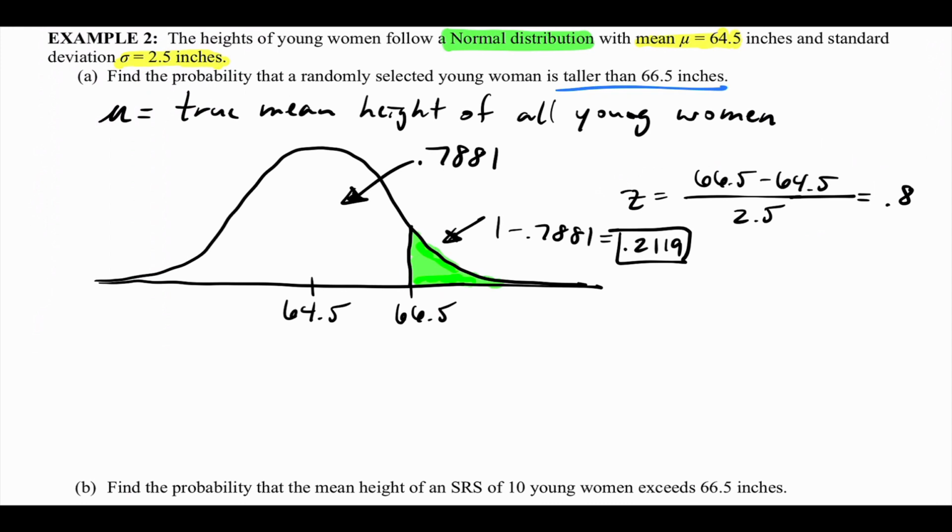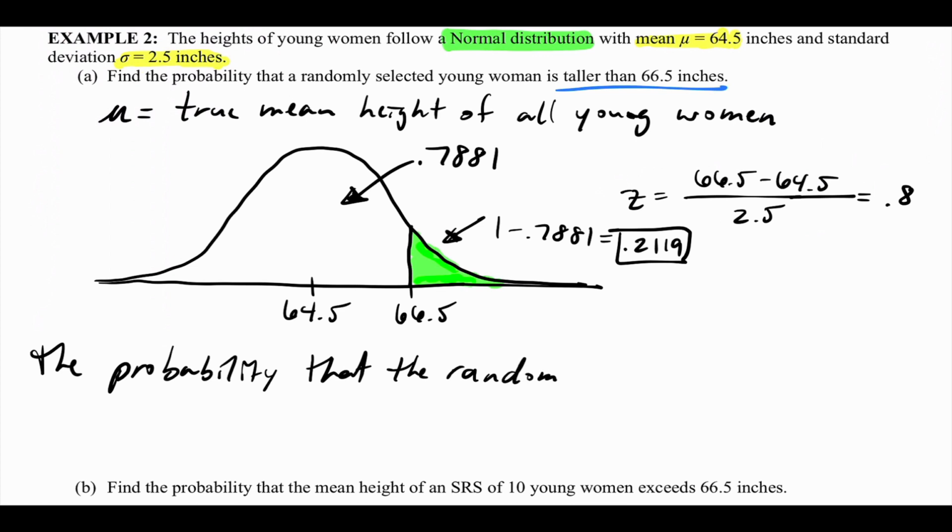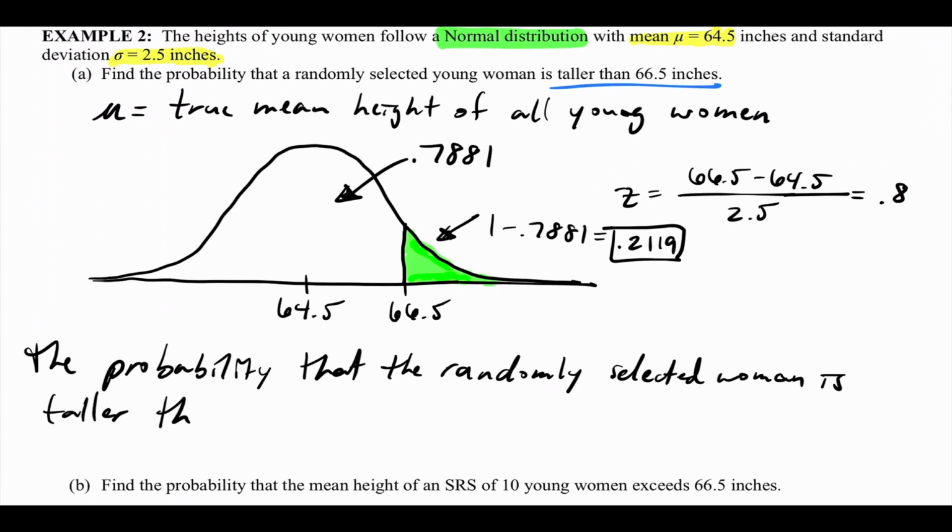Okay, last step. Tell what that number means. Well, the probability that a randomly selected young woman is taller than 66.5 inches is 0.2119.